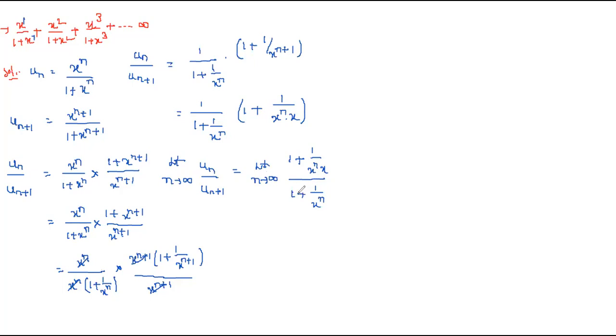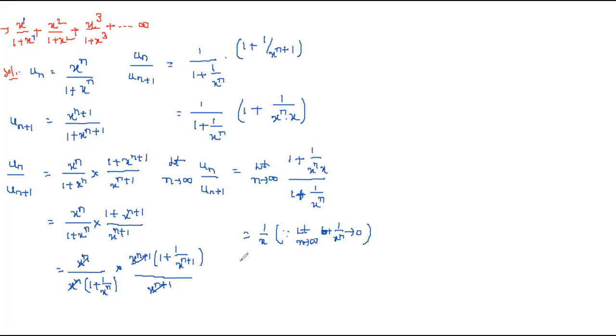So this is equal to 1 by x, since as n tends to infinity, 1 by x power n tends to 0. So simply we'll get it as 1 by x.